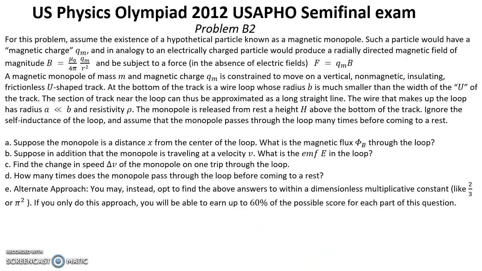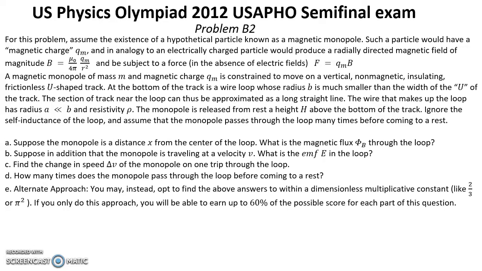US Physics Olympiad, year 2012, USAPHO. Semifinal exam. Problem B2. Solution for this problem you can find below this video in the description reference. For this problem, assume the existence of a hypothetical particle known as a magnetic monopole.